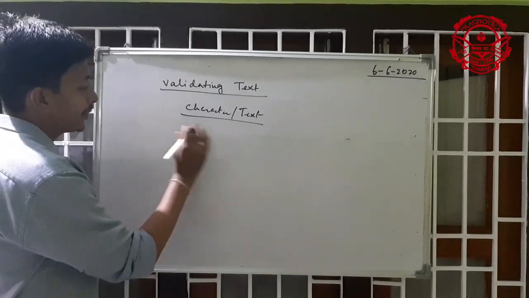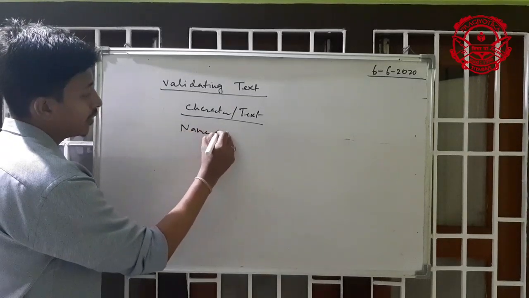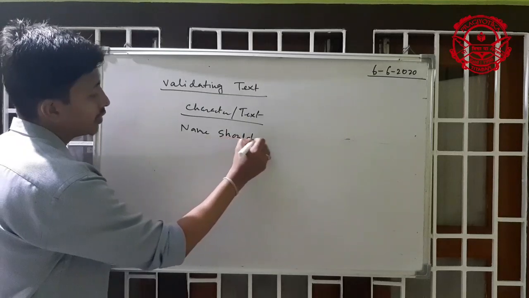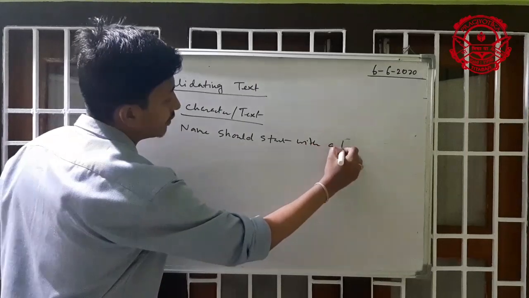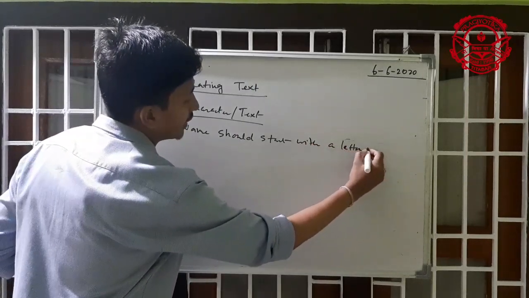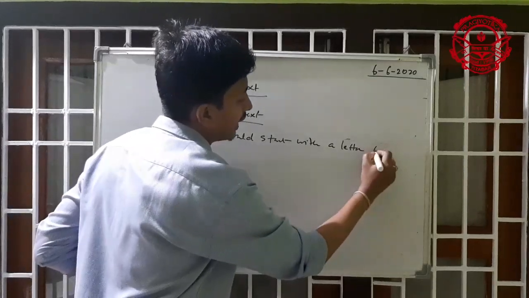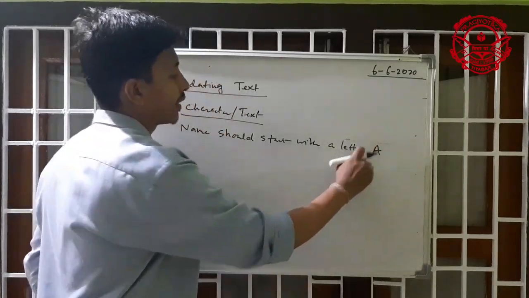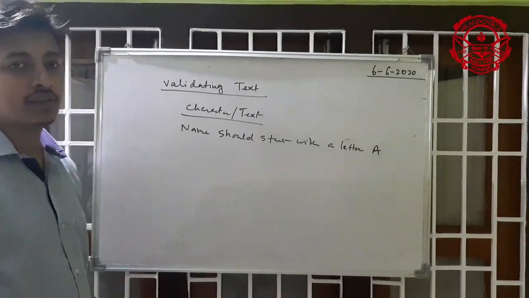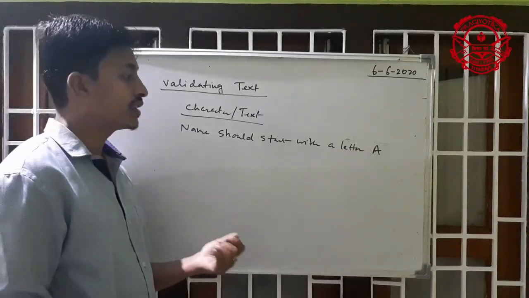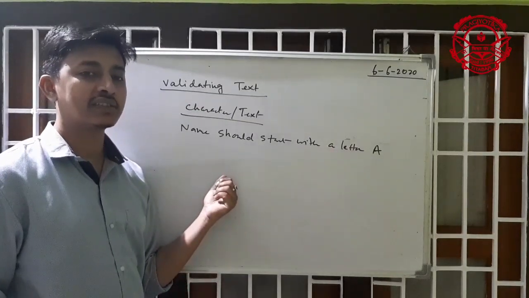For example, the name should start with the letter, say A. Those names which start with the letter A will come in this range.